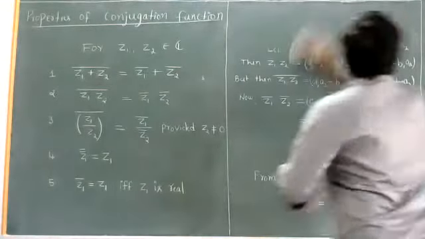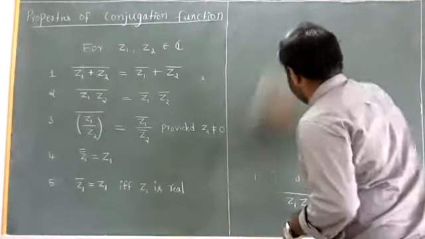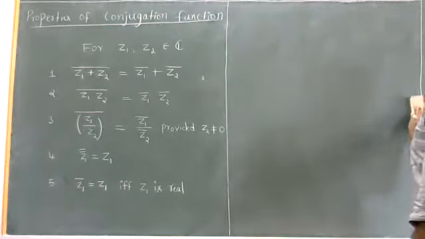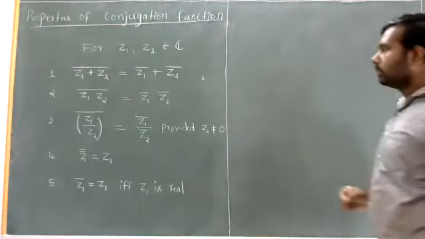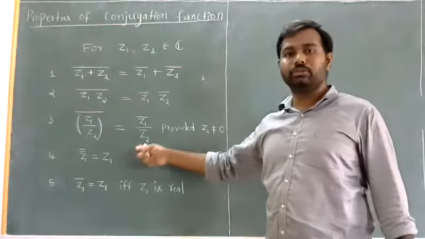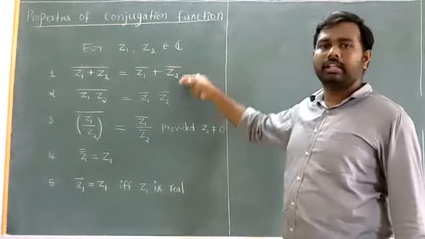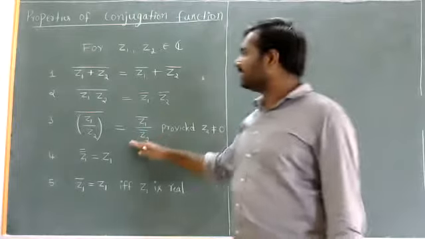Now, the third one. The third one is the quotient, so I leave it to yourself. Try this as I have done in the above two properties. Try in the same way.